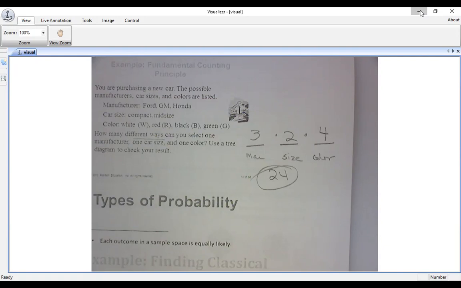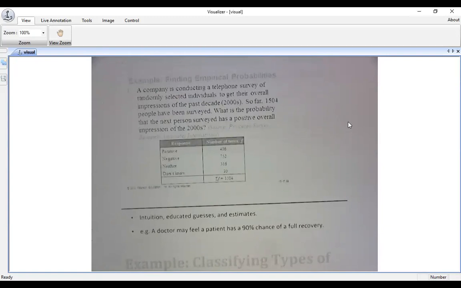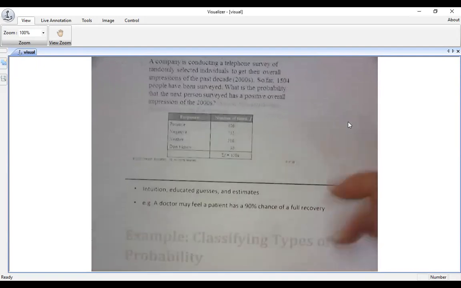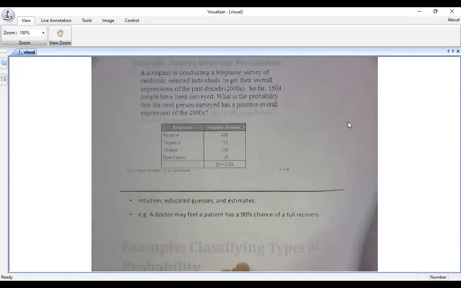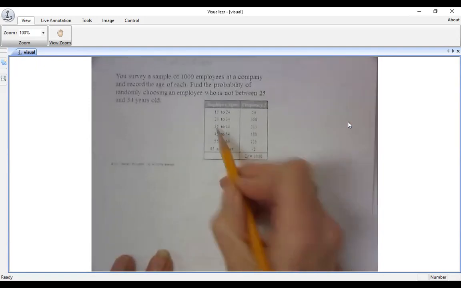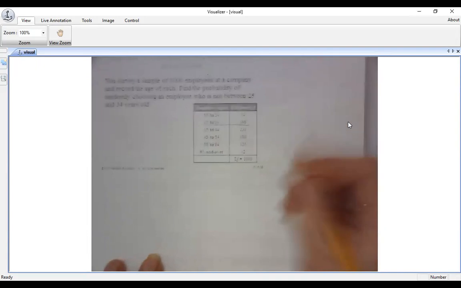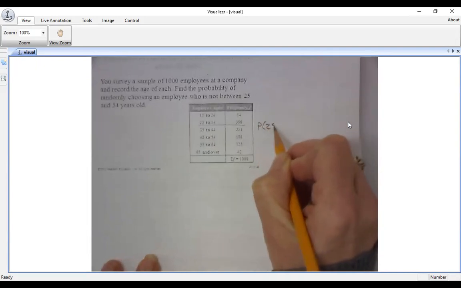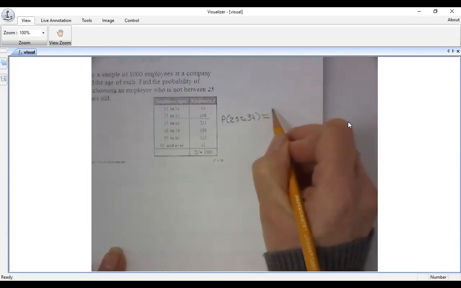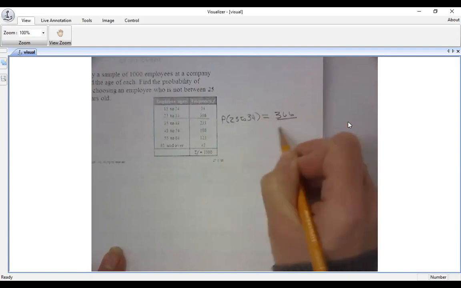Now, let me show you here. I'm going to flip back over to this so we can look at it on the paper. And here's what I just heard you say. You said you would get the probability that somebody was between 25 and 34. And that's what? Looks like 366 out of 1,000.